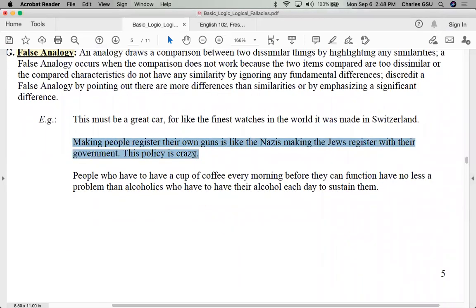Likewise, if someone says, making people register their own guns is like the Nazis making the Jews register with their government. The policy is crazy. So what this is doing is taking two different things.